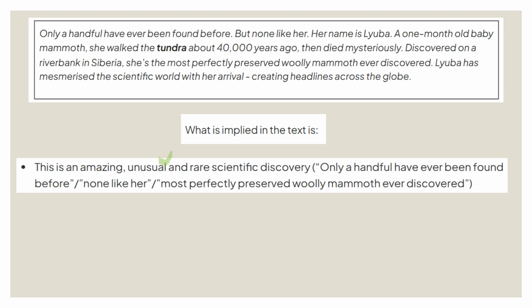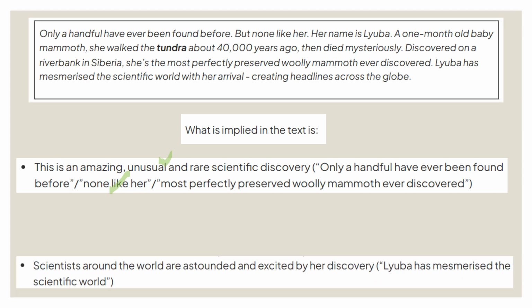This is one implied sense in the text. And I'm saying it on the basis of the writer's choice of the words: only a handful have ever been found, none like her, most perfectly preserved woolly mammoth ever discovered. So these are the phrases in the text which help me imply this sense.